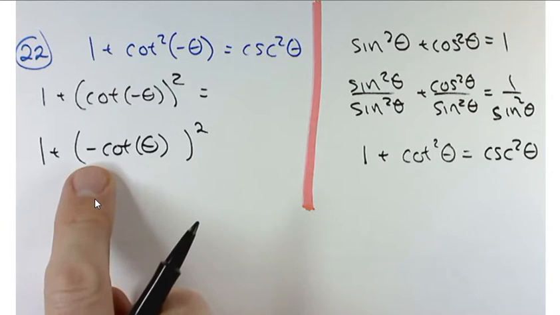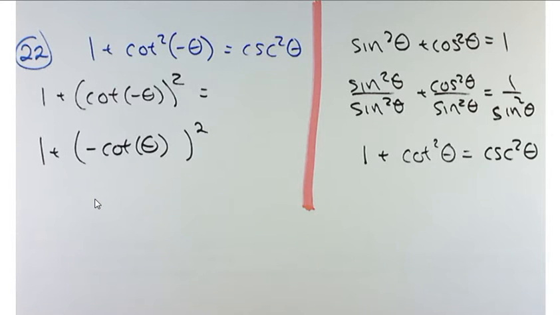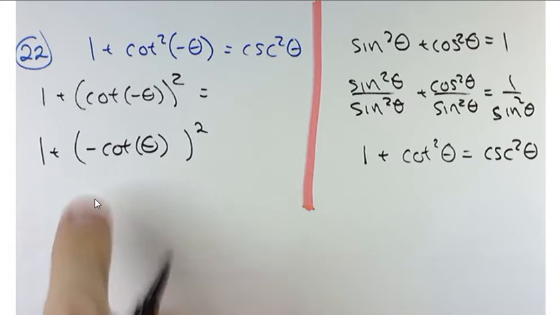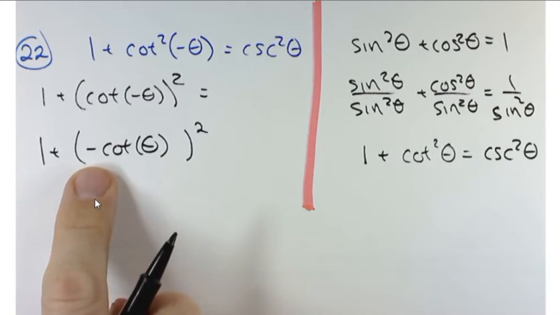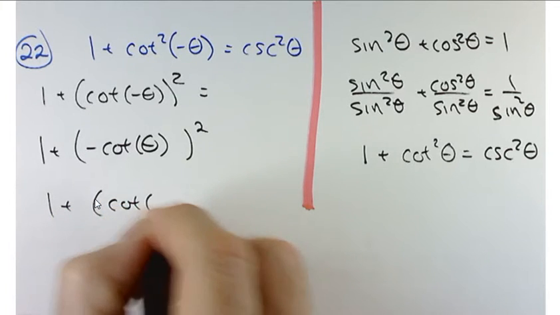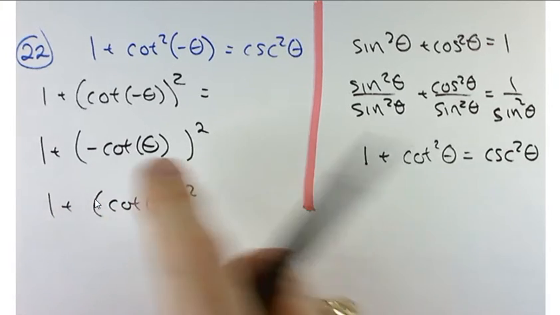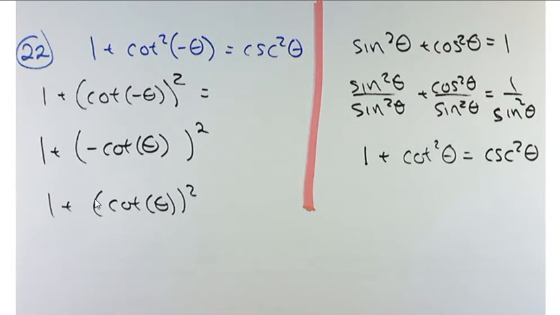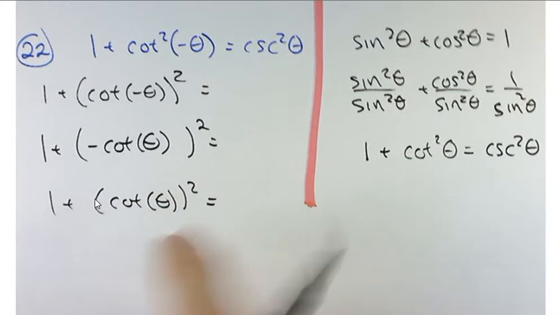If you're squaring, a negative times a negative gives you positive. So do I need the negative in here? No, I don't. So I could write that as 1 plus cotangent of theta quantity squared. Because if I'm squaring negative 6 or positive 6, either way, I'm going to get 36. When you square it, the negative sign is going to disappear. So let's just get rid of the negative.